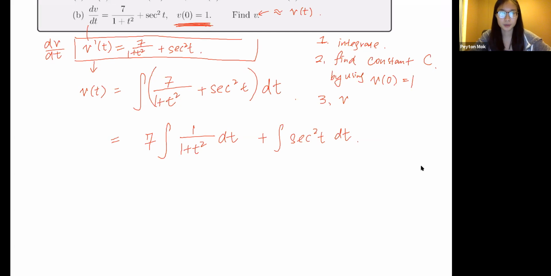Now, does anyone know what the first term will give us after integrating it? Does this look familiar to you? Have you learned it during the lecture?